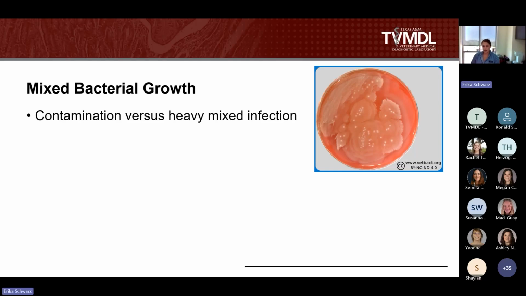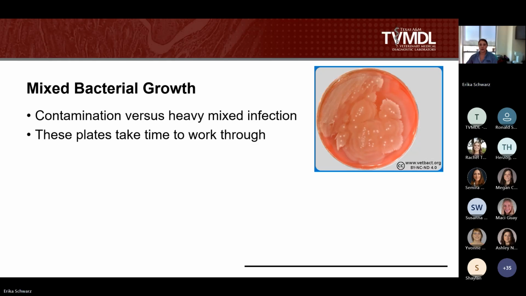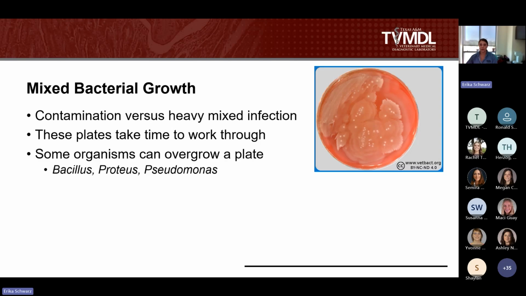This slide might be a little bit repetitive, but some of the things that we want to consider when we see a mixed bacterial culture are whether this is contamination versus a heavy mixed infection. These plates take some time to work through, so they're not quick. This is why we have a variable turnaround time of 2 to 7 days on a typical aerobic culture.